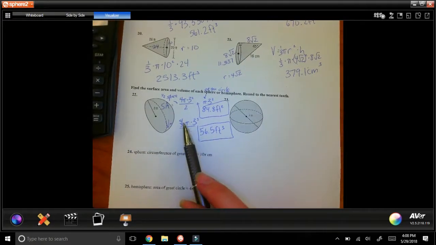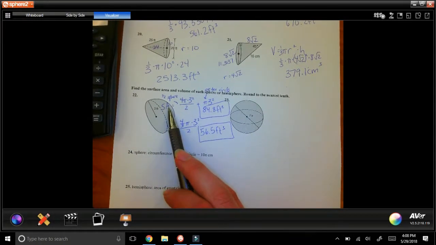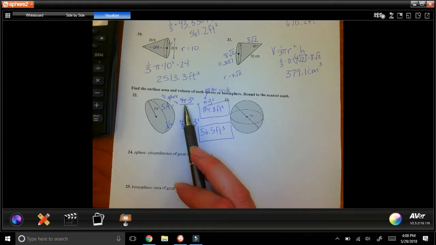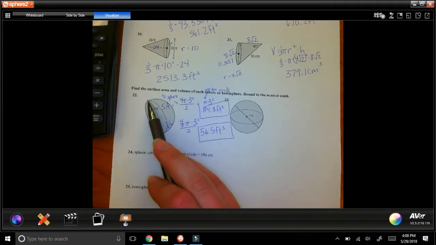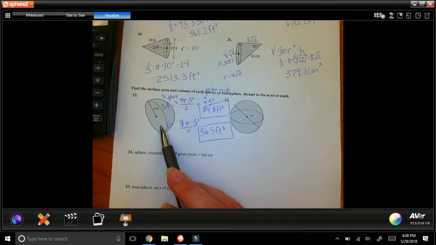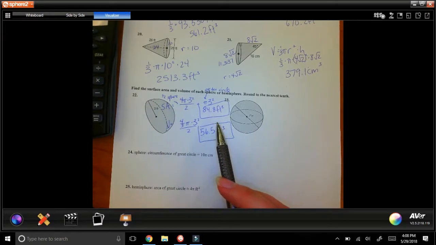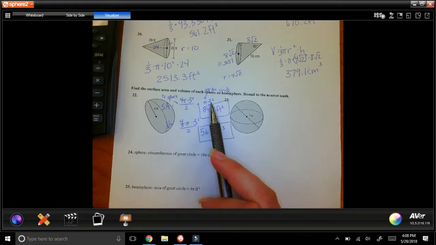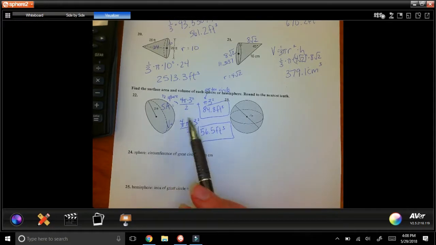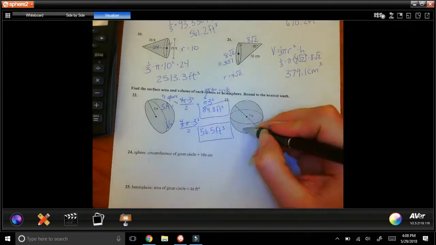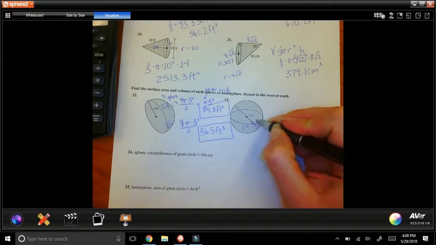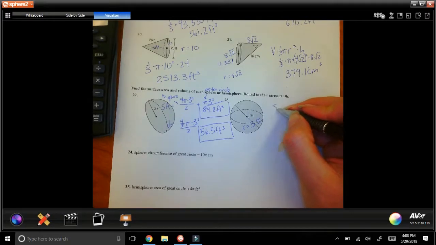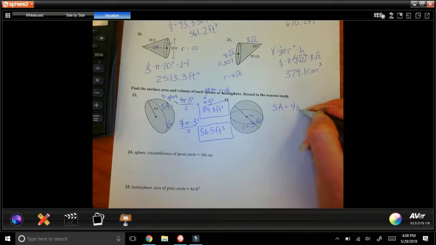I'd already done this one, but I'll talk through it. Surface area is not just half the sphere, but it's half the sphere plus that circle on the end. So this is not on your formula sheet. You can remember that's 3 pi r squared, or you can always do half and then add that circle in. For volume, you just find the volume of that and divide it by 2. For this next one, the radius is 3.5, and then you can find surface area is 4 pi times 3.5 squared.